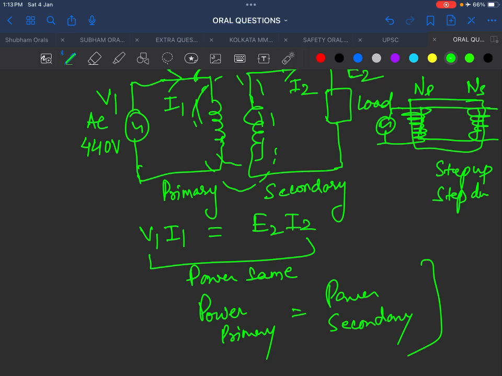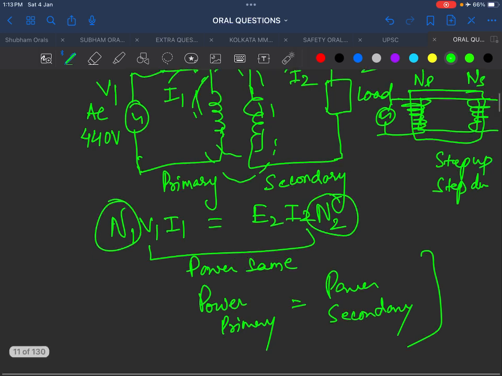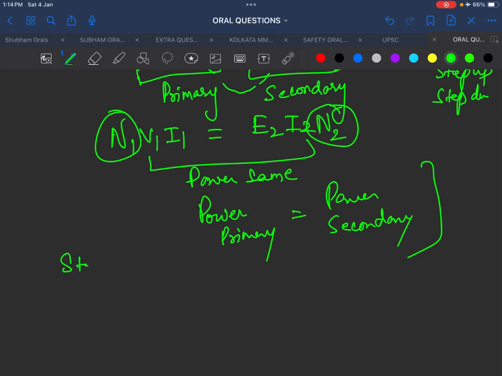Here you can see we are using N1 number of turns on the primary and N2 number of turns on the secondary, and based upon N1 and N2 we step up or step down. What is step up, step down?